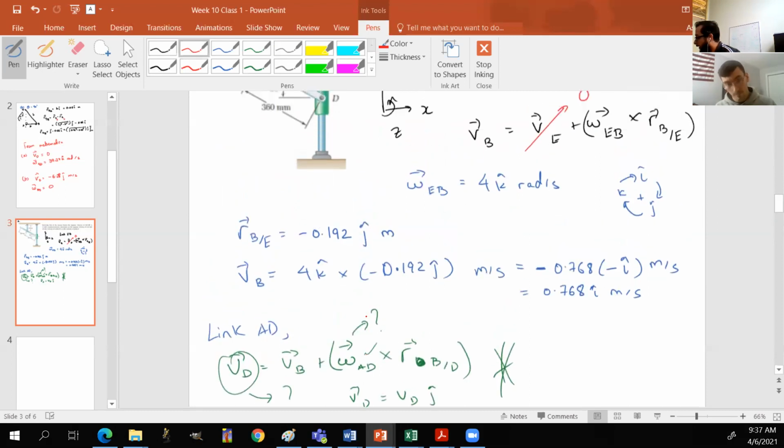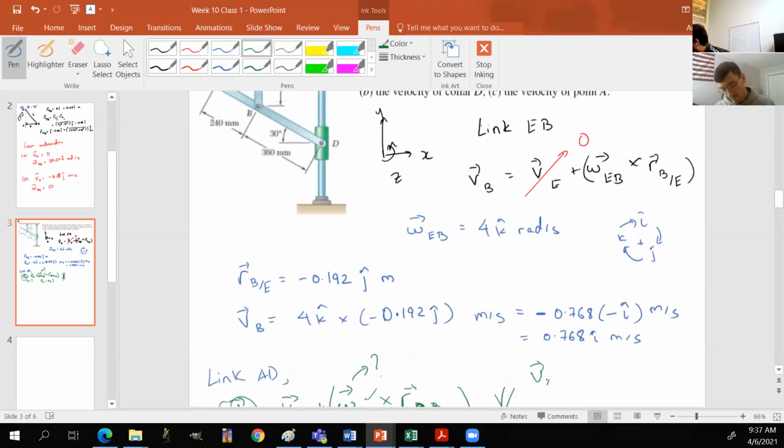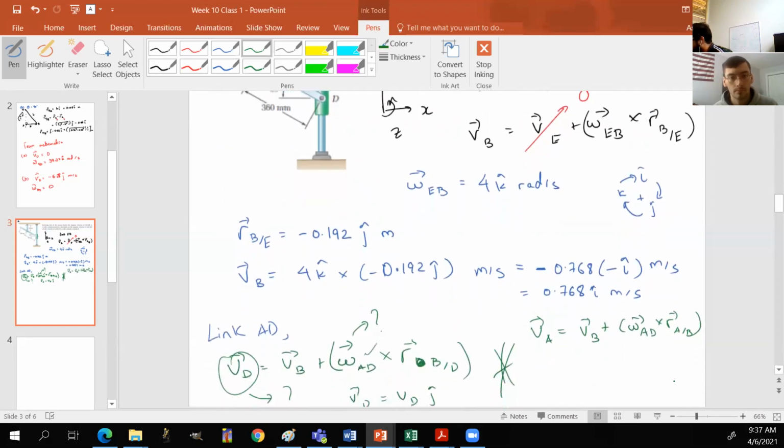You solve for those, and then you go back to your expression for A, whereby you'll get VA is equal to, you could use either B or D, doesn't matter, VB plus omega AD crossed with R of A relative to B. Actually, no, I wrote this equation wrong.